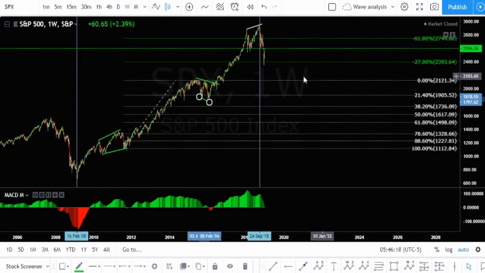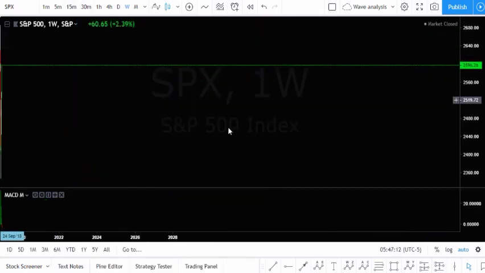So stocks, they like to move, especially the US stocks. I only trade the US stocks because there's no other country stock market that can match the US stock market. So especially the US stock market, they like to go to the 61% target.